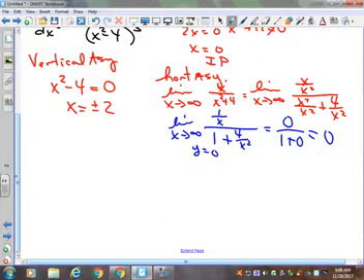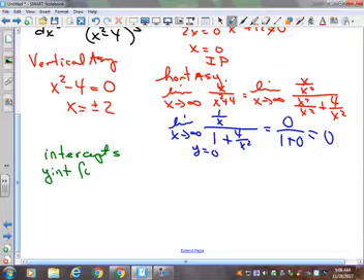Now the next thing I have to find is my intercepts. Let's do the y-intercept first. I always like to do the y-intercept first because it's evaluating. We're going to plug in 0 in our function. So the original problem would be 0 over 0 squared plus 4, which is 0.